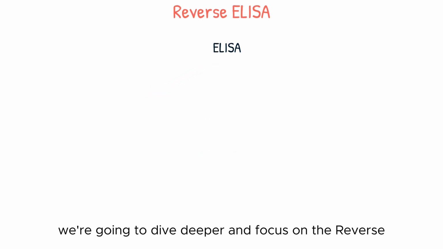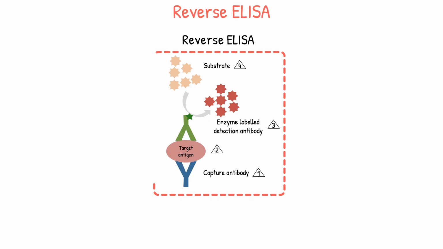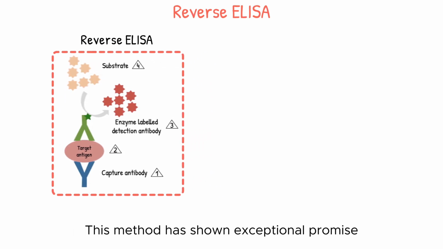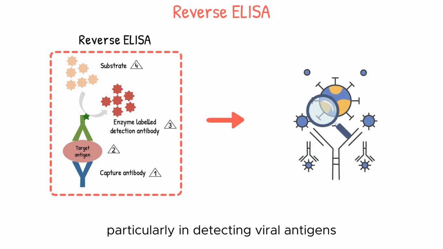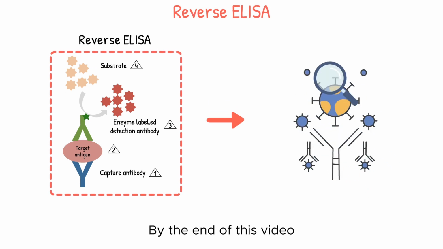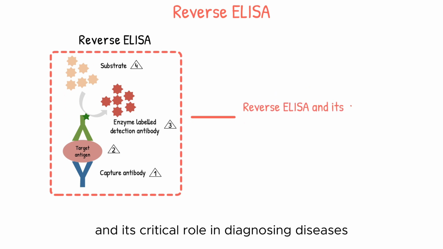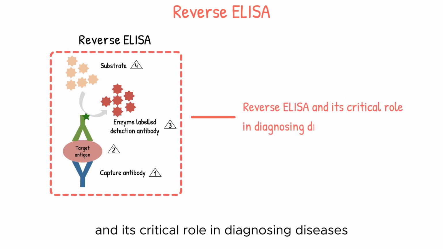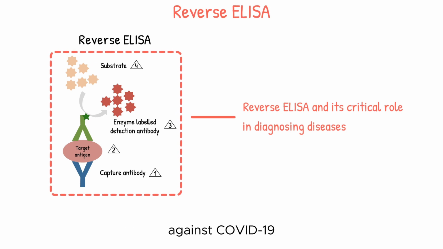Today, we're going to dive deeper and focus on the reverse or sandwich ELISA. This method has shown exceptional promise in the realm of diagnostics, particularly in detecting viral antigens. By the end of this video, you'll gain an in-depth understanding of reverse ELISA and its critical role in diagnosing diseases, especially in the context of the ongoing battle against COVID-19.